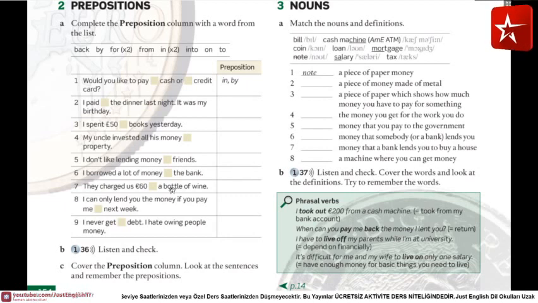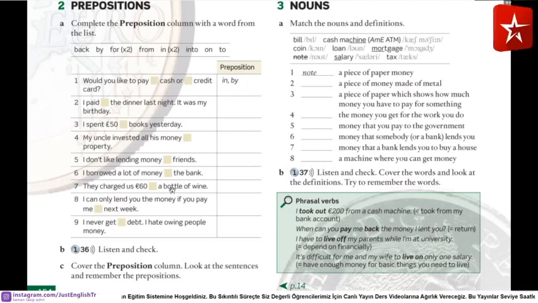Or when you go to a restaurant and eat something, the restaurant charges you 80 Turkish liras or 100 Turkish liras. It means they served you and they charge you. If I charge you, it means I did something for you, and I asked you for money instead.